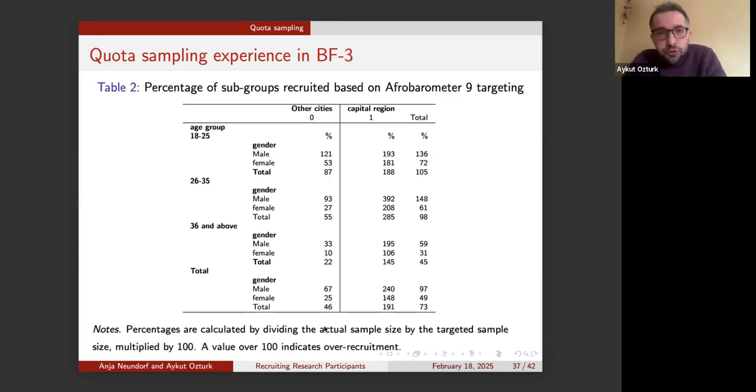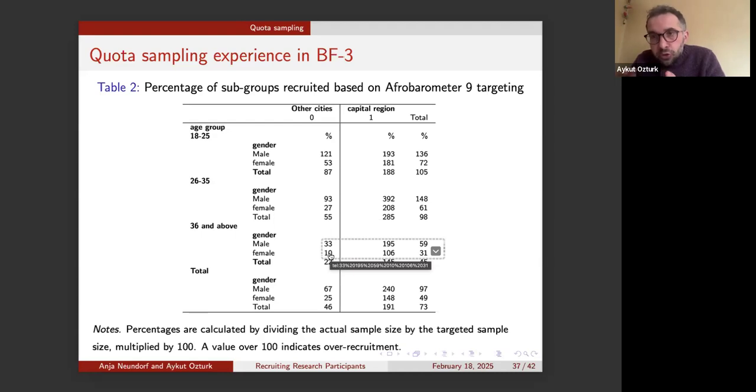So here on the screen, you see the distribution, the proportion we recruited from each group. For example, in this rural category on the left side, if you look at older people, 36 and above, female and rural, we only recruited 10% of what we targeted based on the population benchmark.